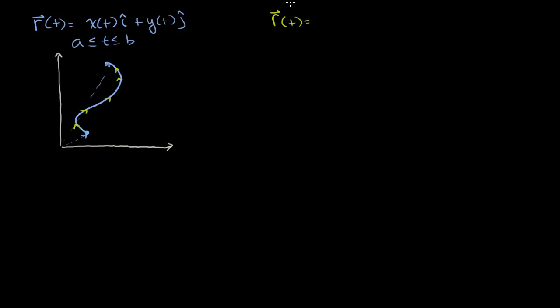Instead of being x of t times i, it's going to be x of a plus b minus t times i, and instead of y of t, it's going to be y of a plus b minus t times j. And we've seen this in the last two videos. The path defined by this position vector function is going to look more like this.